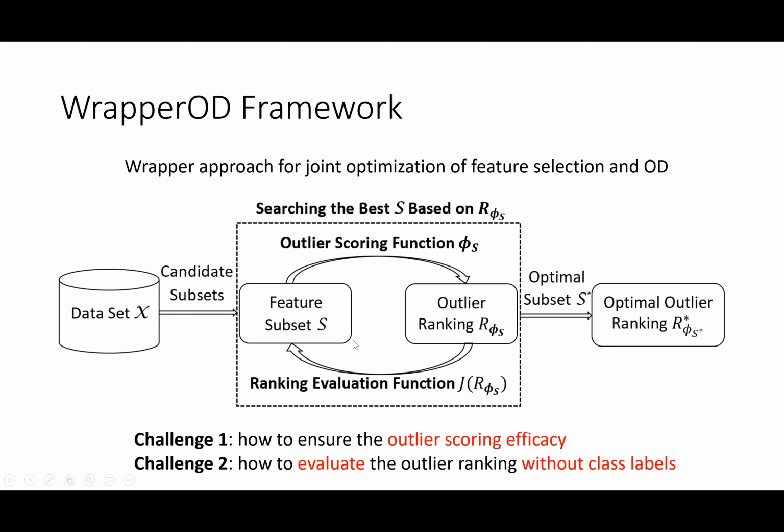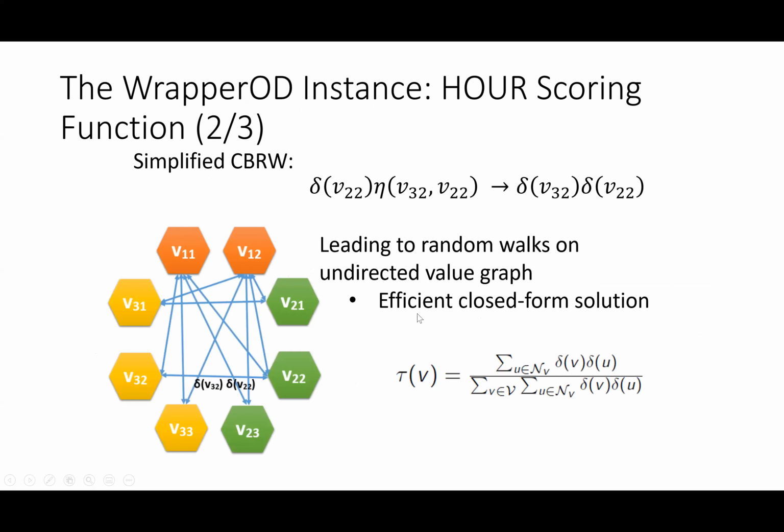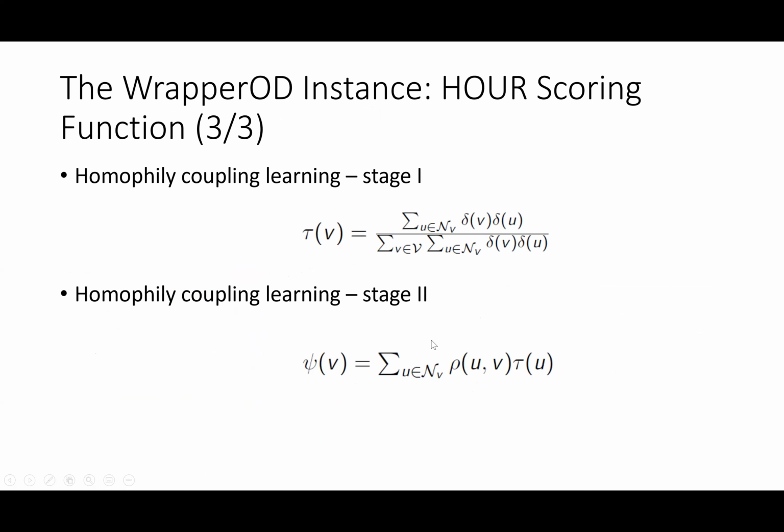So that's the idea: an iterative, unsupervised way that considers the concurrent outlying behavior as well as randomly concurrent noise behavior, then removes that, and we can also interpret that as a graph.